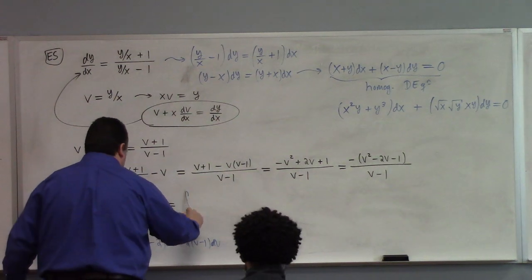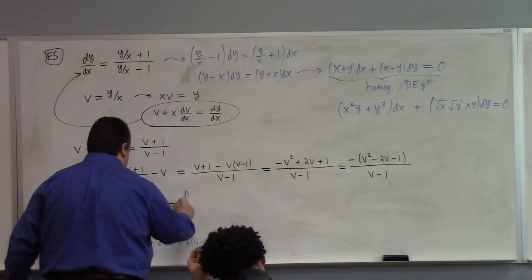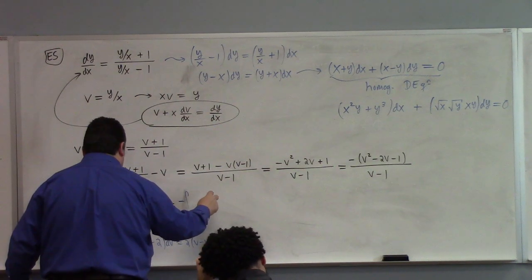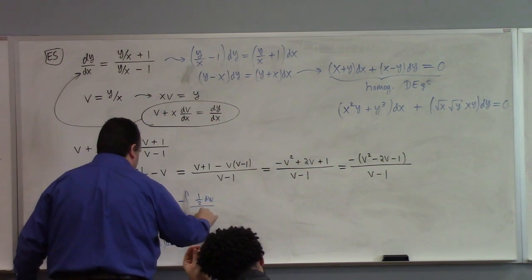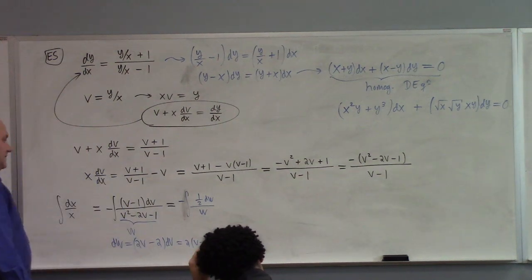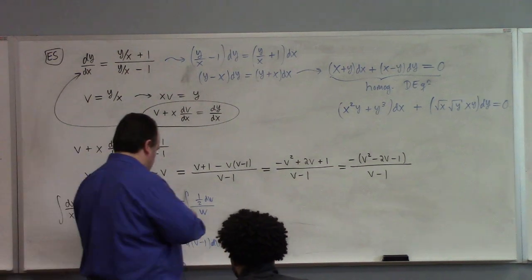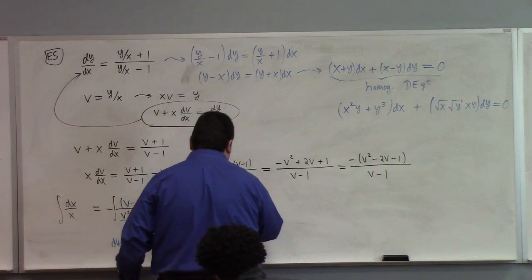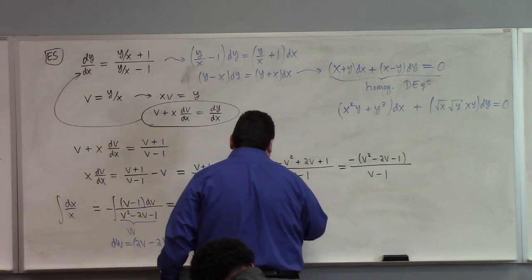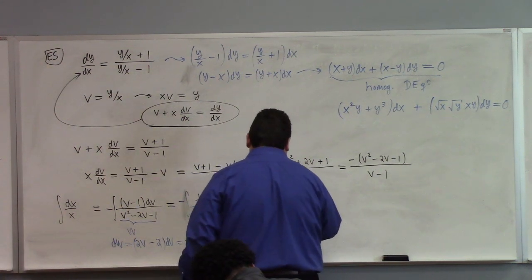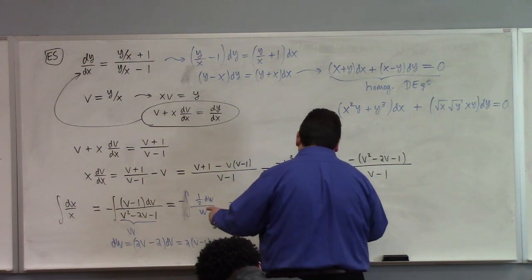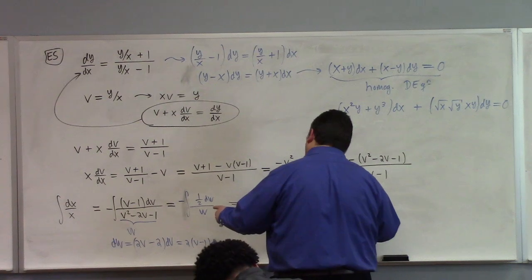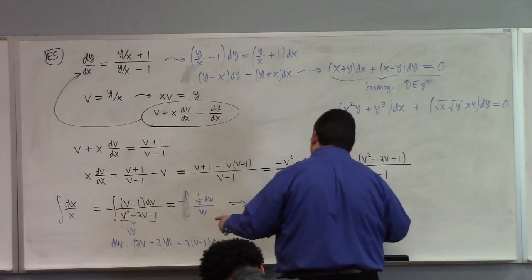So this is literally, I keep the minus outside to try to keep myself honest. I get a 1/2 dw over w, which gives me what? Natural log of the absolute value of x. I'll put the constant over here because you got to put it somewhere. Equals minus 1/2 the natural log of the absolute value of w.